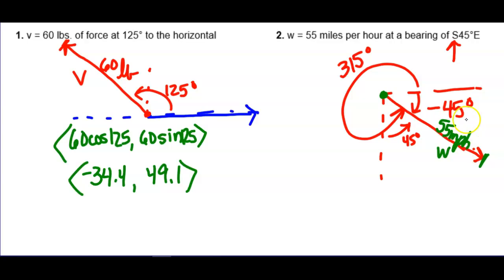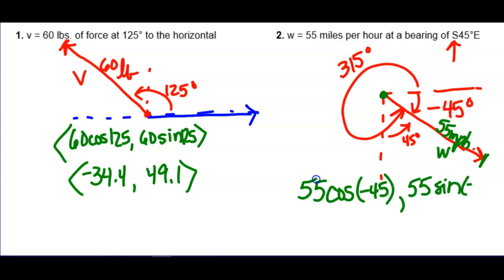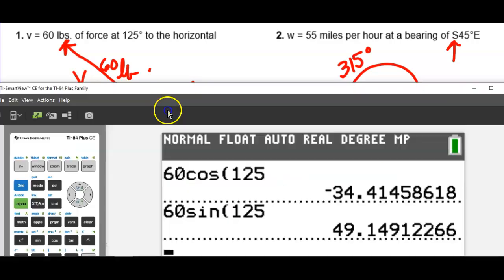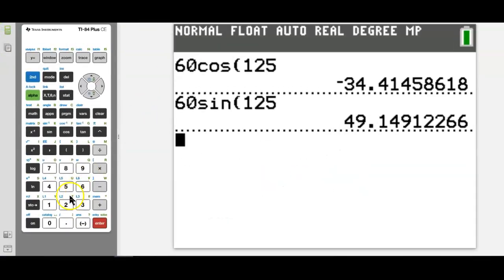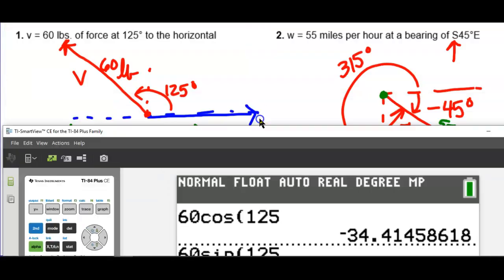So this one, because it's actually pulling down into the fourth quadrant, should turn out positive negative. Okay? For this one, you can use either the 315 or the negative 45. I'm just going to use the negative 45. So the magnitude times the cosine and the magnitude times the sine. Now, if you know anything about cosine and sine of 45, they should be the same, but the first one's going to be positive and the second one's going to be negative.